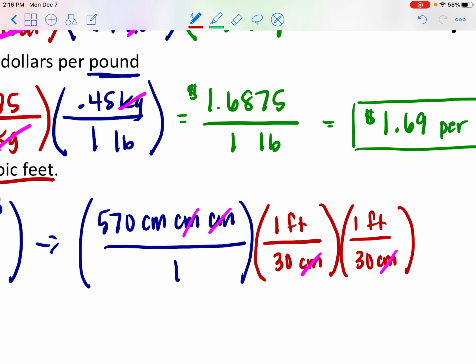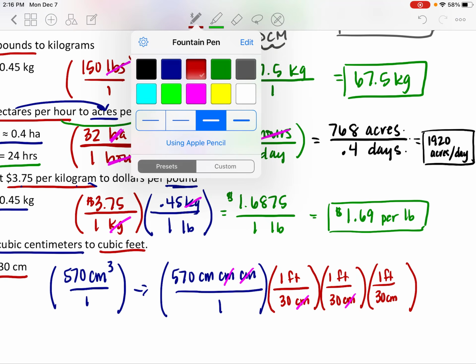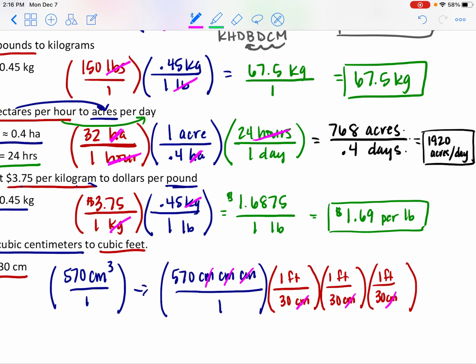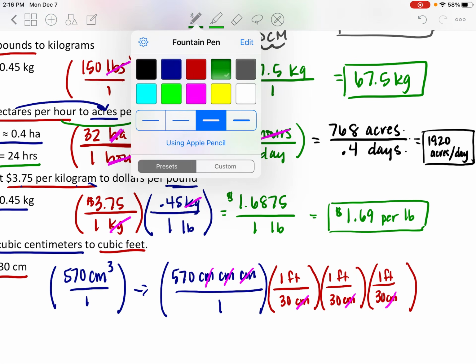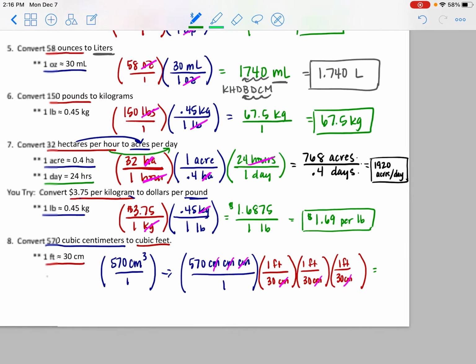And then I'm going to multiply it a third time. 1 foot is 30 centimeters. Again, so that I can get rid of the third centimeters. And what am I left with? I'm left with feet times feet times feet. Well, that's feet cubed, okay?